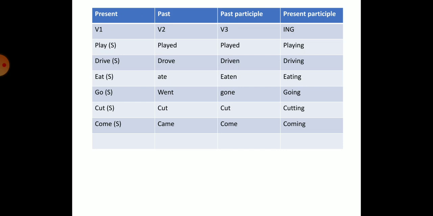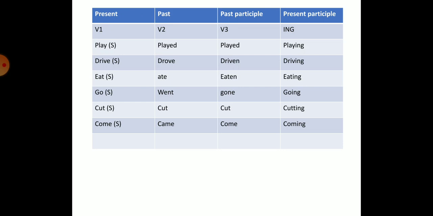The next one, cut, cuts, past is the same, cut, past participle is cut, present participle is cutting. Students, you all know that the word cut cannot have cutted or cutten as the past or the past participle. Even words like put, putted, putten, or hurt, hurted, hurten, we do not have such words in English. They all remain the same.